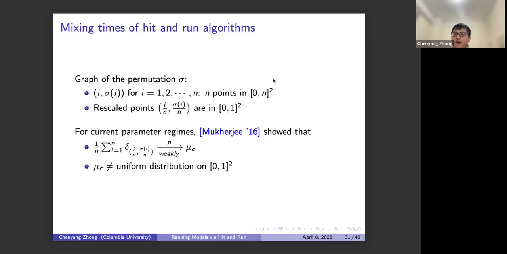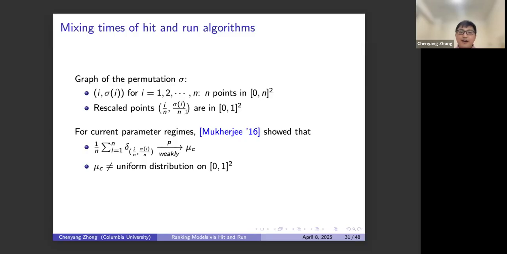And in order to keep track of the patterns of those points coming from the permutation, we typically try to rescale those points, since they lie in the square 0 to n squared. So the length of the square is growing. In order to put the points for different values of n on the same scale, we want to rescale each of them by n.